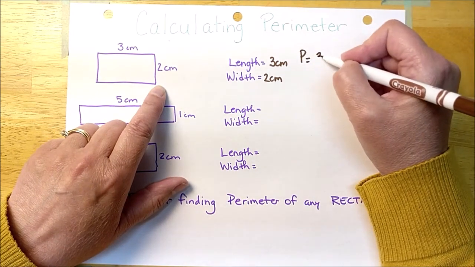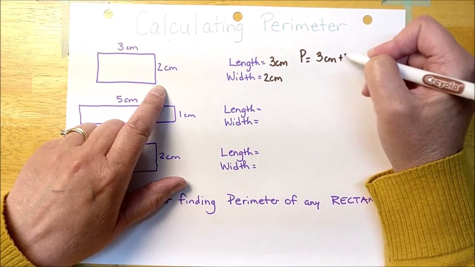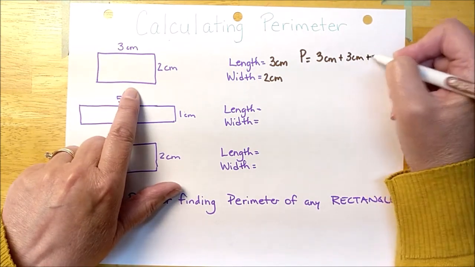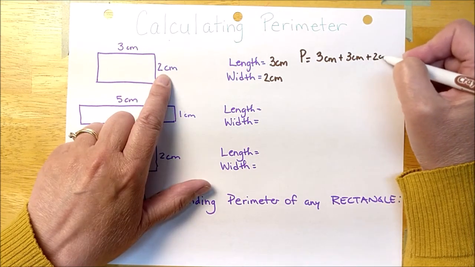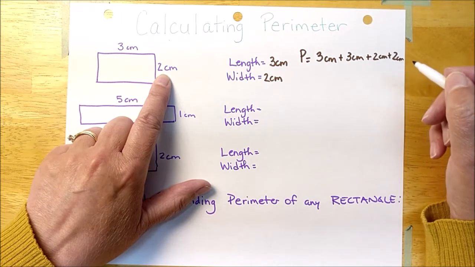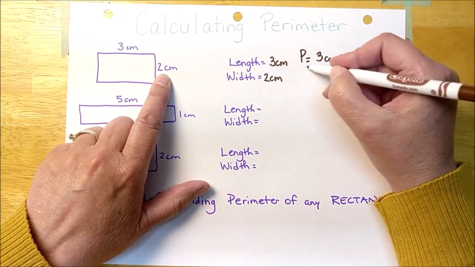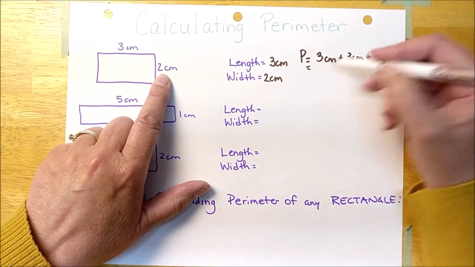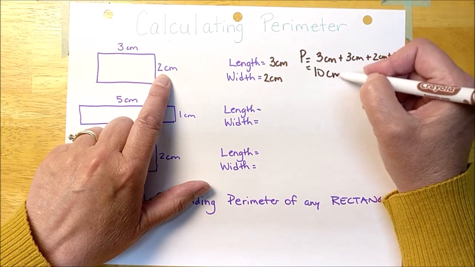I would do 3 centimeters plus 3 centimeters plus 2 centimeters plus 2 centimeters. And then that would give me a perimeter of 6, 7, 8, 9, 10. If you already guessed that, you were awesome.